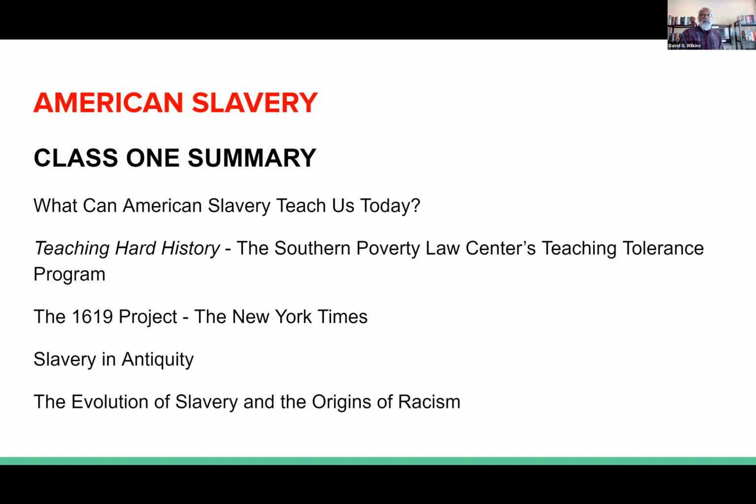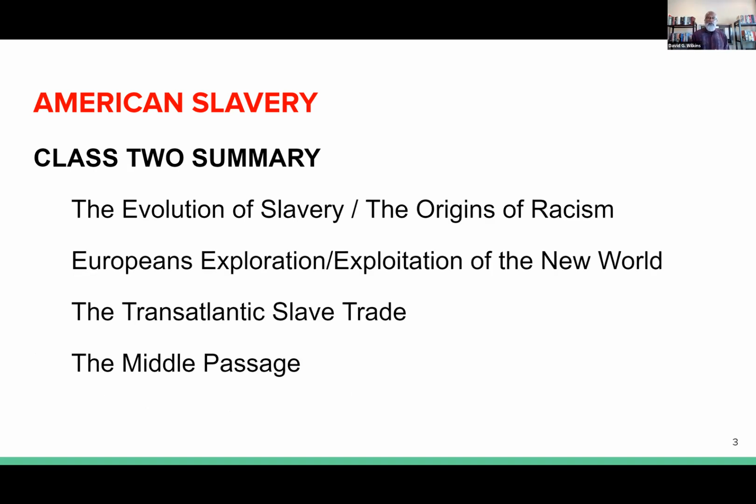We then moved to class 2, where we continue to explore how slavery in America would evolve, the origins of racism, again, the unique character of American slavery. Obviously, we needed to bring in the European exploration, the Spanish, the French, ultimately the British, and their exploitation of the New World.